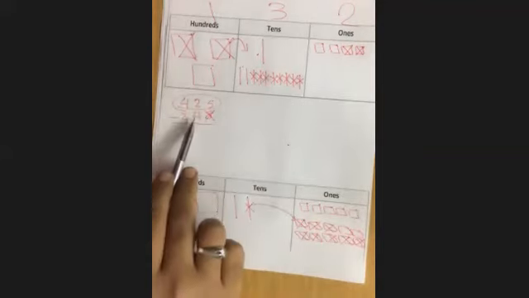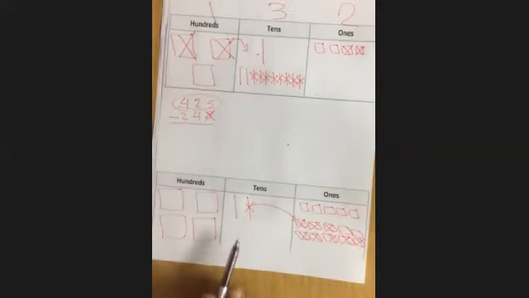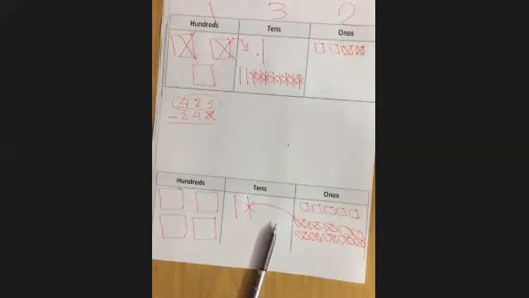Now we are going to cancel 4. We need to cancel 4 lines from tens. How can we cancel 4? We need to cancel 4 lines and we have only one. How can we solve this? We will get 1 square from the hundreds. Very good.